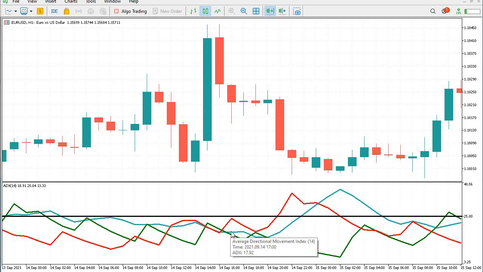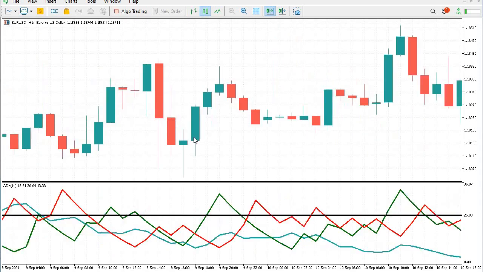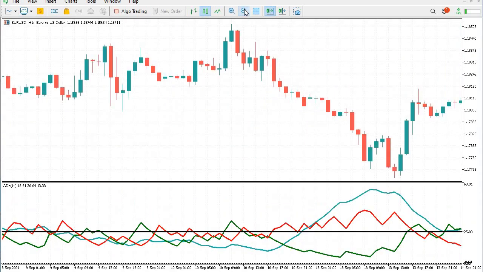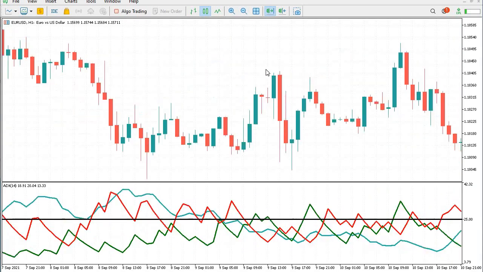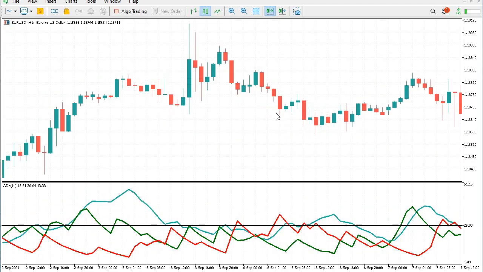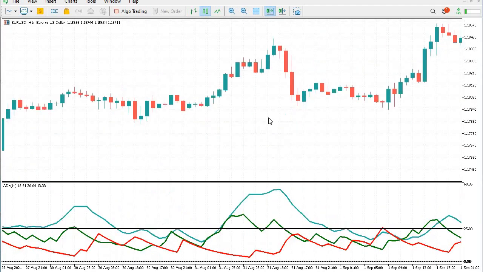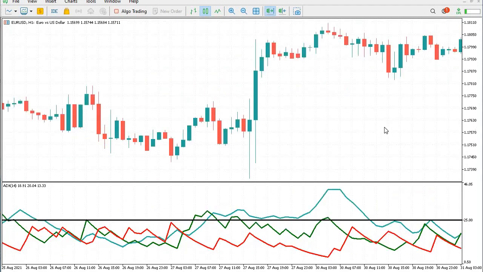Whenever this blue line is below the 25 level and the red line is above the green line, we are selling. So this is how it works. I'm not saying this strategy is perfect, of course it's not, but this is how this indicator works. This is what this indicator is used for.